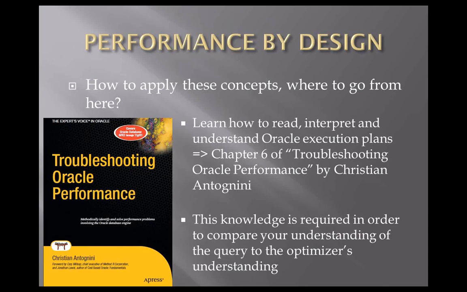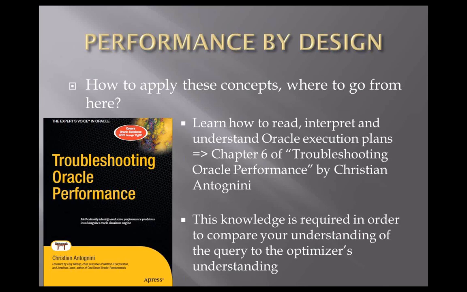And it's very important to get this right, so that even if you know your data and you have an understanding of your data, and you might think that you have an idea how Oracle should approach your query, the small job, the big job approach, if you cannot read and interpret the execution plan, then you are basically not able to understand whether Oracle has the same understanding as you have.